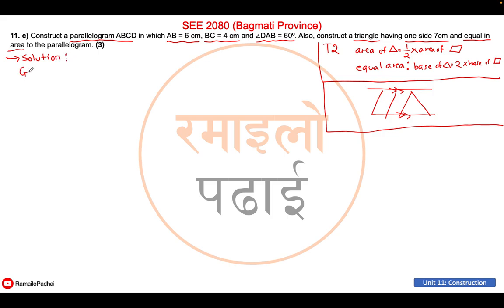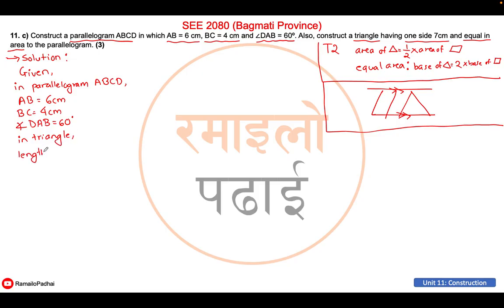Let's write what is given to us. Given: in parallelogram ABCD, AB is equal to 6 cm, BC is equal to 4 cm, and angle DAB is equal to 60 degrees, and in the triangle, the length of one side is given to us.